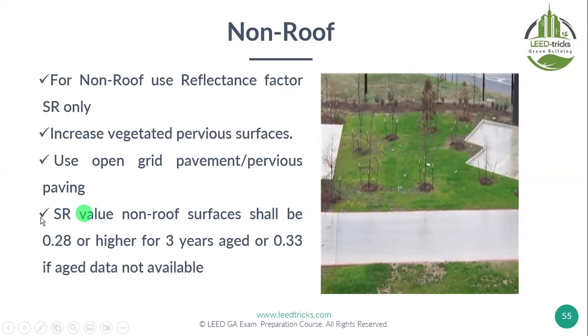In landscape or non-roof we don't say SRI, we say SR only. SR value of non-roof surface shall be 0.28 or higher for 3 years aged, or 0.33 if initial. Meaning initial 0.33 and after 3 years 0.28. Clear?